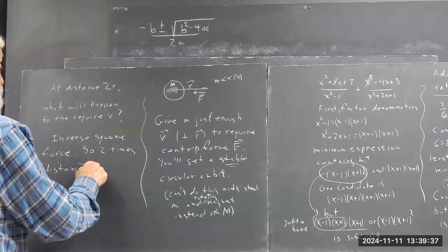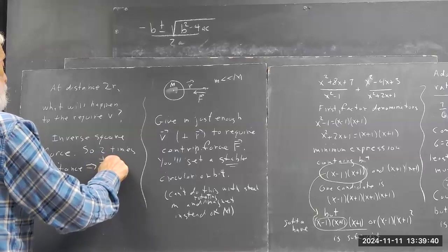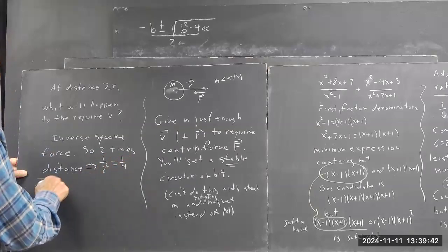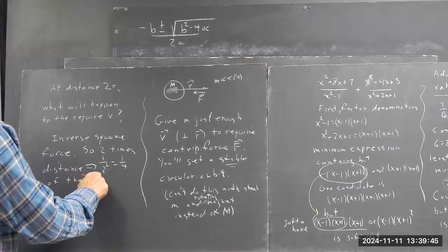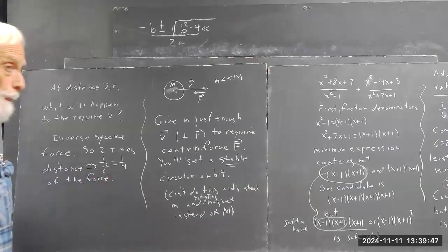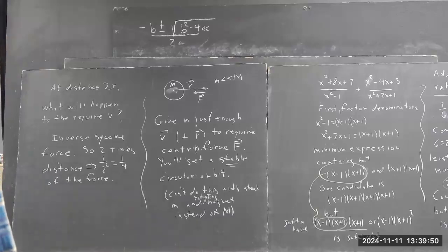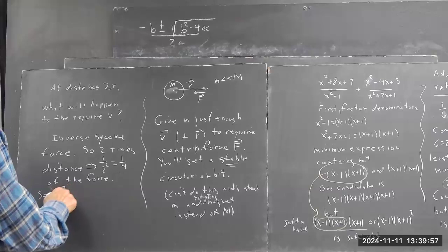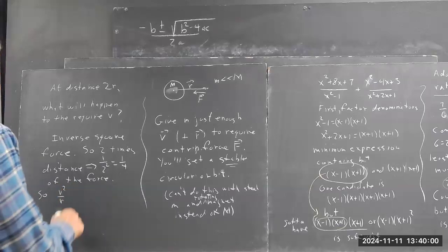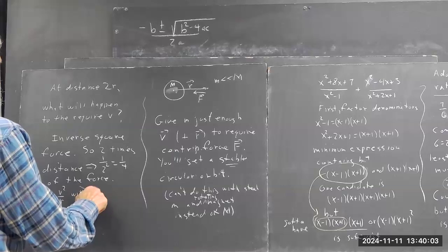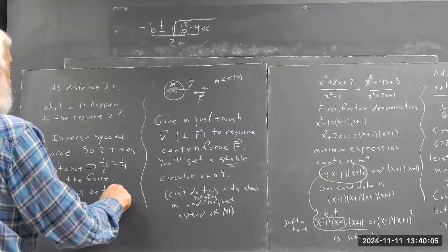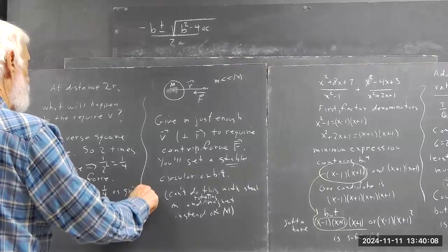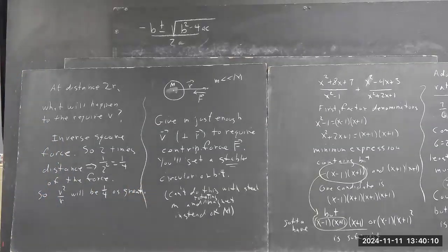So 2 times the distance implies 1 over 2 squared, which equals 1/4, applied to the force.